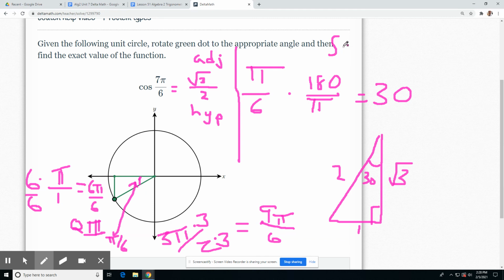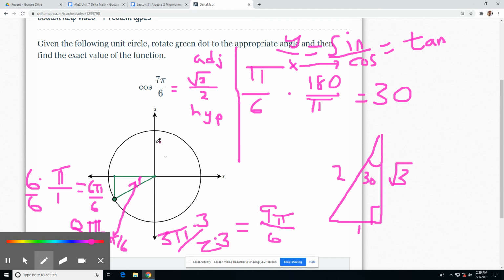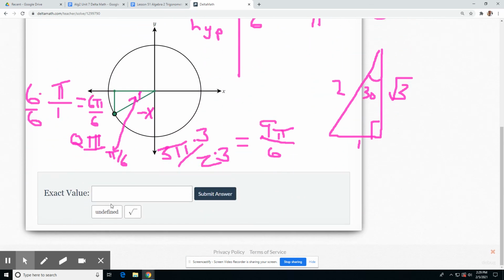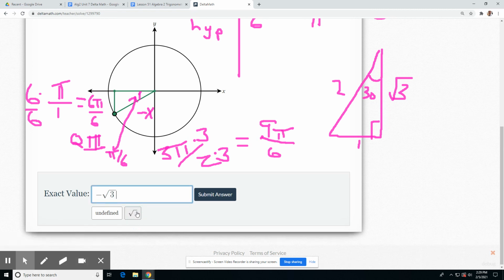And then sine over cosine is our tangent, which is equal to y over x. Why I did this is so that x is the cosine. So we're talking about cosine. We're in the third quadrant. So this is going to be negative x in the third quadrant. So what was the answer? Negative radical 3 divided by 2.